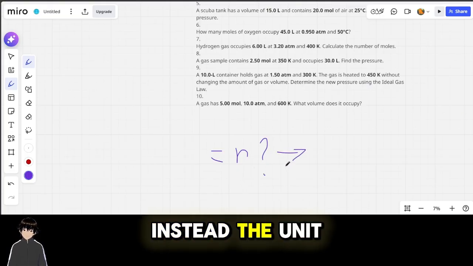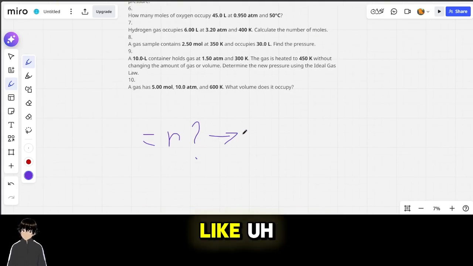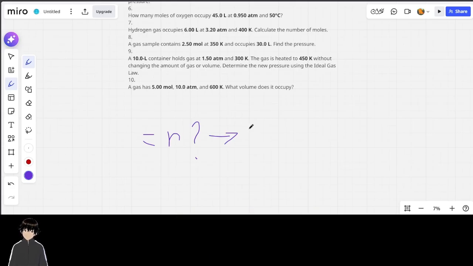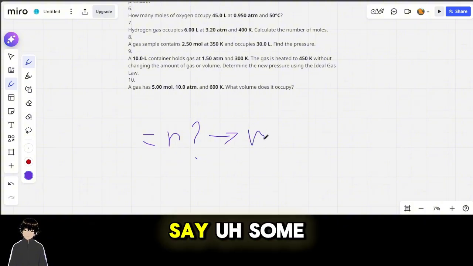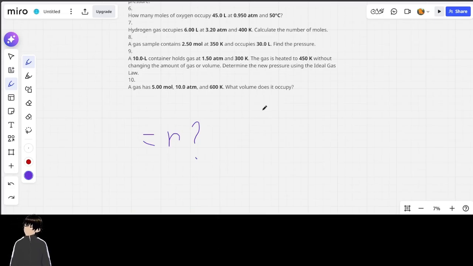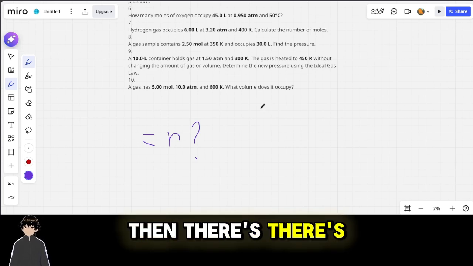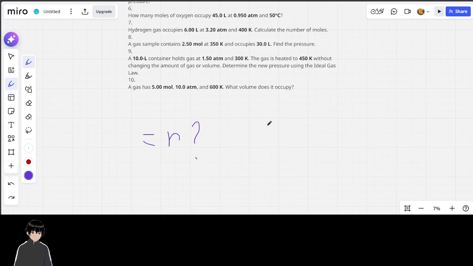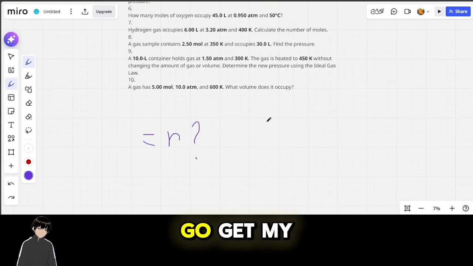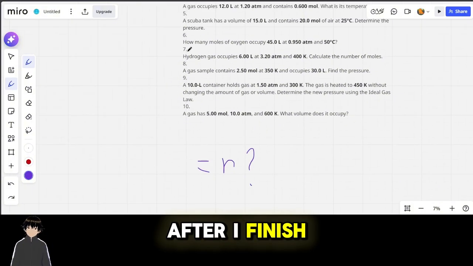Instead, the unit you use is something else, and then we're going to translate it to n. Wait, let me go get my notes after I finish these problems.